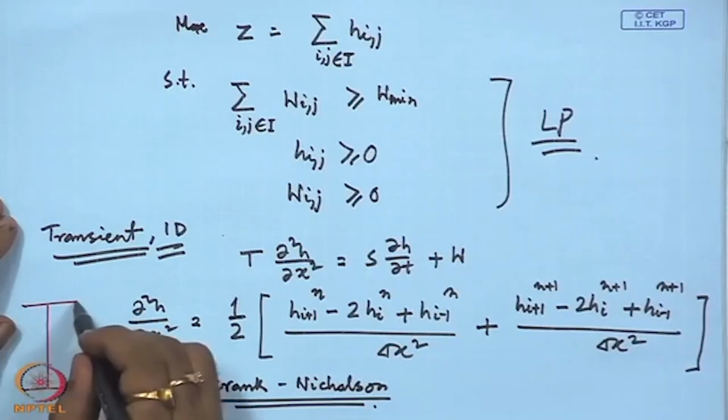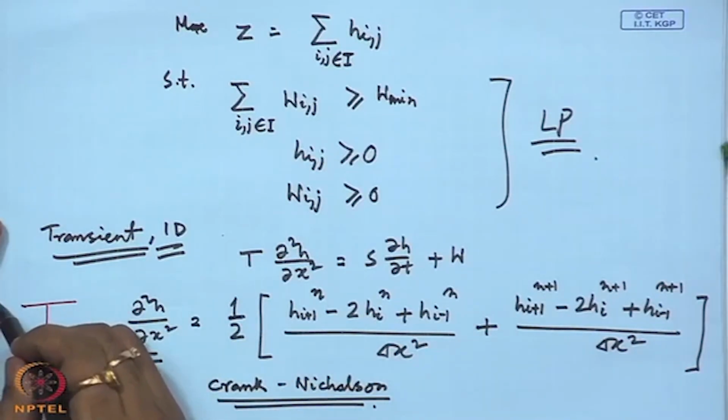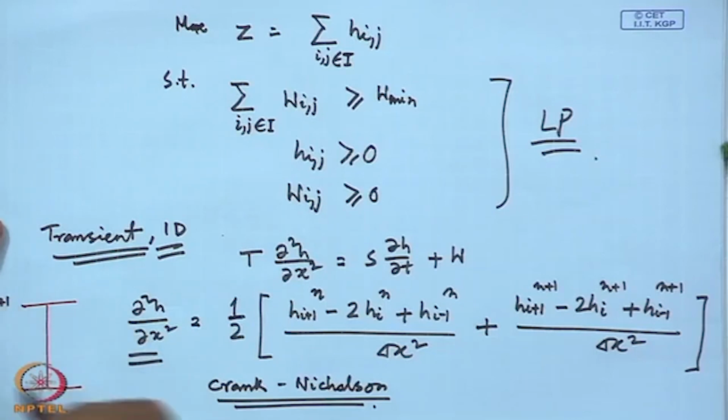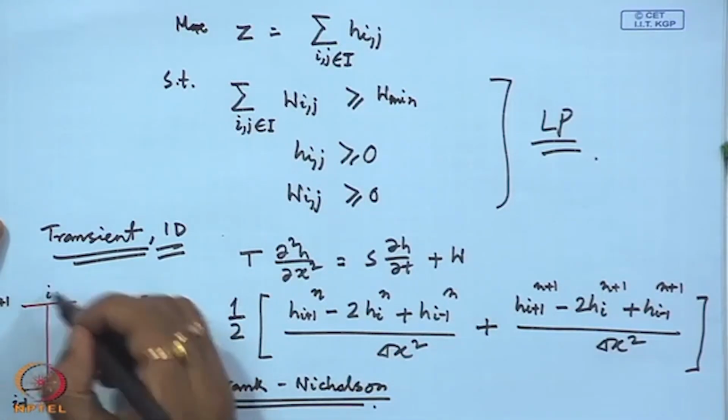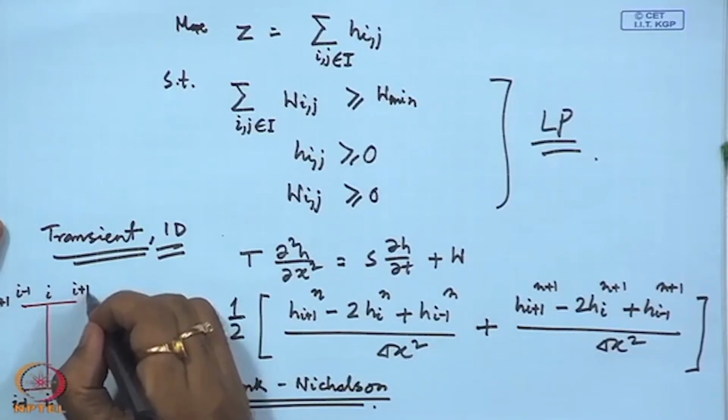We have this n plus 1 level, this is nth level, and this is the spatial ith location. This is i minus 1, this is i plus 1, this is again i minus 1, i plus 1.